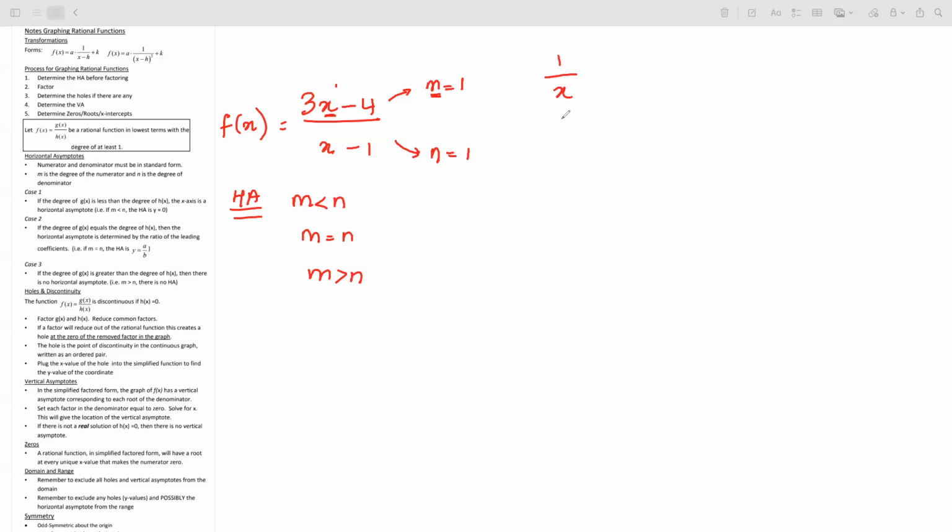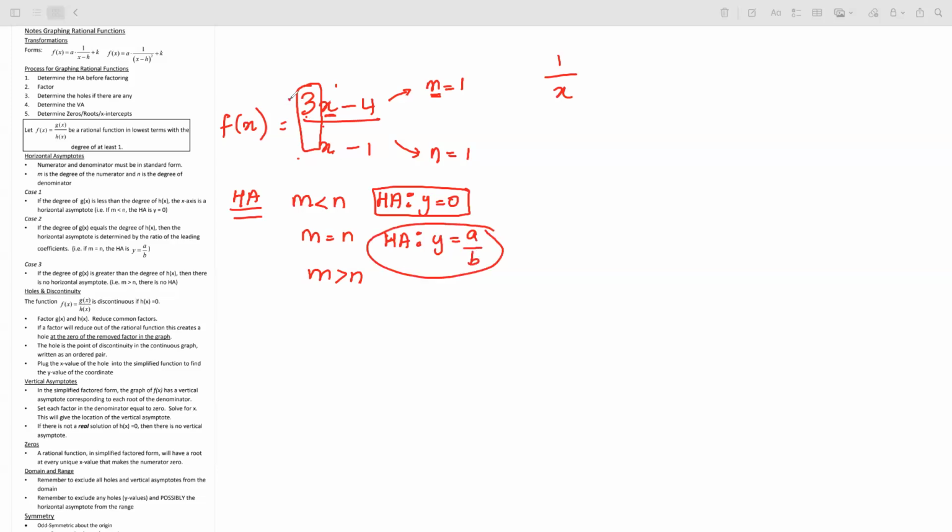Degree of the denominator is less means the horizontal asymptote is y equal to 0. But when they are equal, you know what I do? I divide 3 by 1, meaning I divide the coefficient of x in the numerator by coefficient of x in the denominator. So my horizontal asymptote will be y equal to a by b.